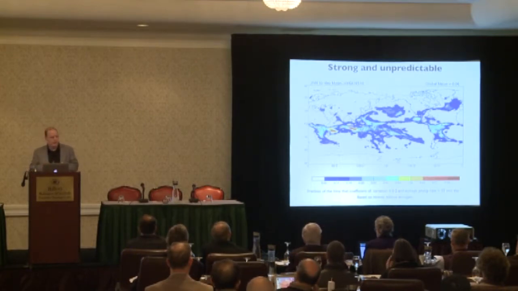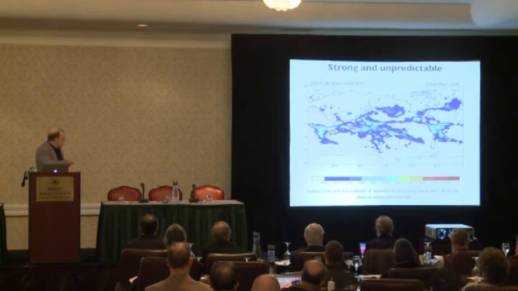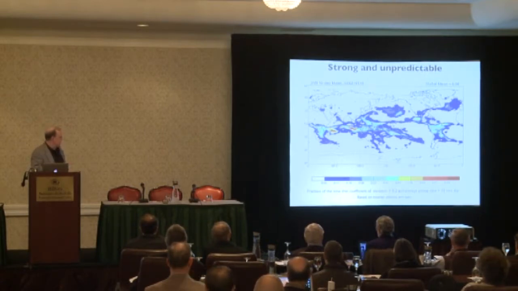The coefficient of variation is the standard deviation over the ensemble divided by the mean. Okay, so it's non-dimensional. And in addition to this being bigger than 0.2, which seems big enough to be interesting, the average precipitation rate at the same place is bigger than 10 millimeters a day. So if those two conditions are satisfied, we plot a color, otherwise it's white.